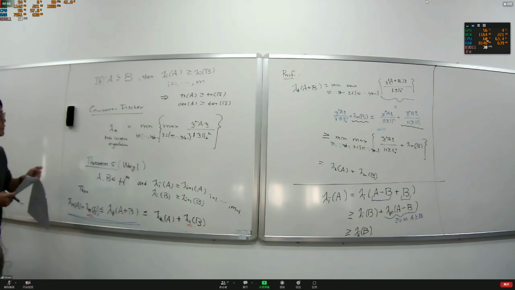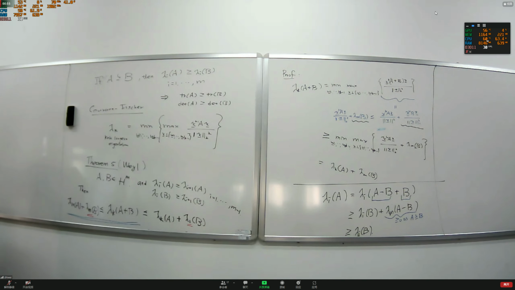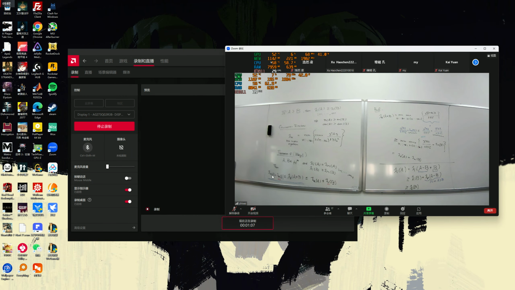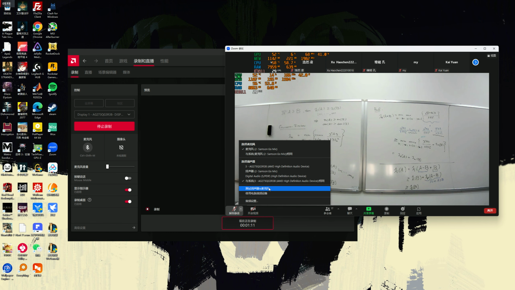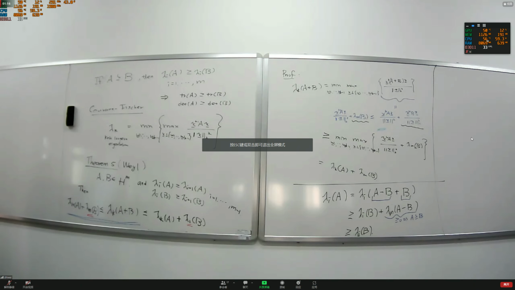Right. So with this, then we can have this property. If A is greater or equal than B. Any questions?